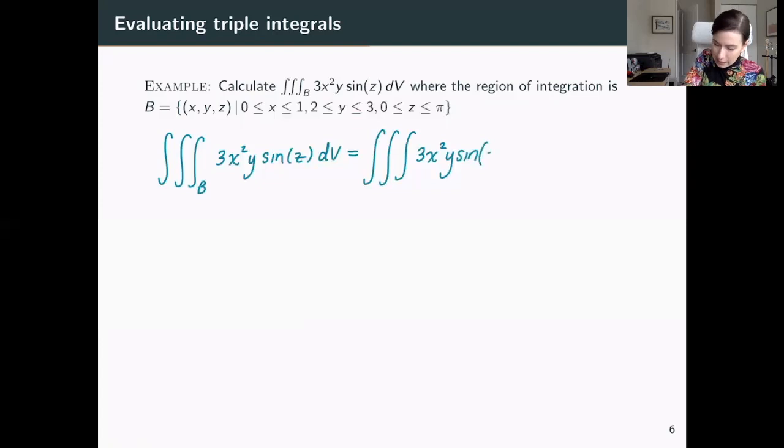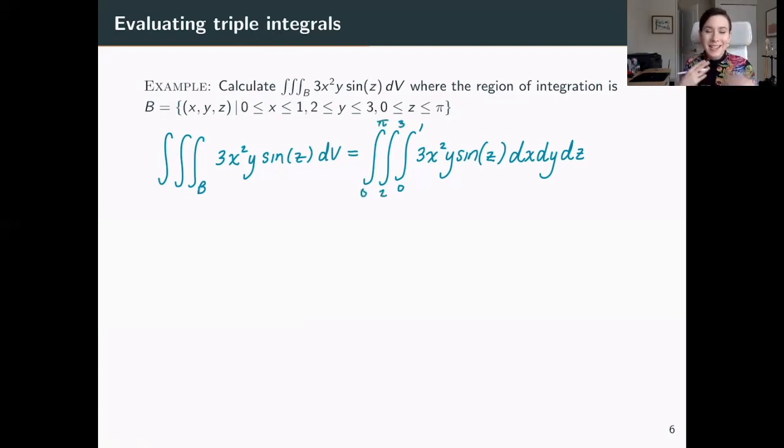In this case, I'm going to start off evaluating in terms of dx, then dy, and then dz. Our x's vary between 0 and 1, our y's between 2 and 3, and our z's between 0 and pi.